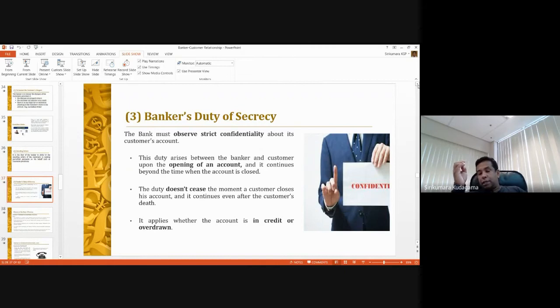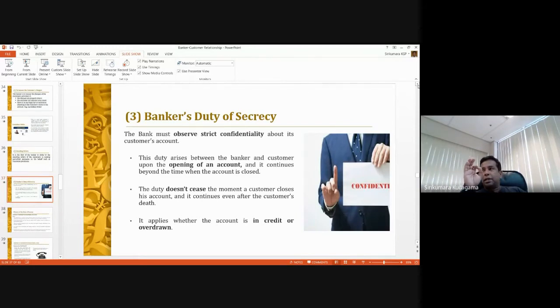Even though the customer ceases to be a customer of the bank, meaning that he closes the account, the duty of secrecy on the part of the banker continues. One may argue that it continues even after the customer's death.